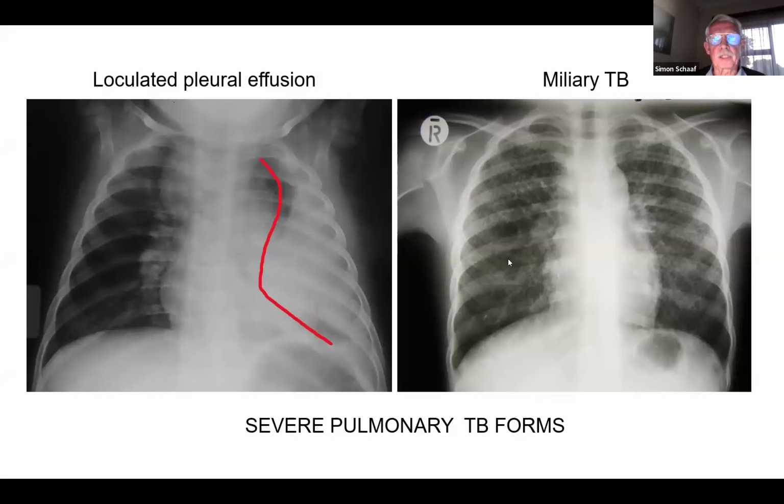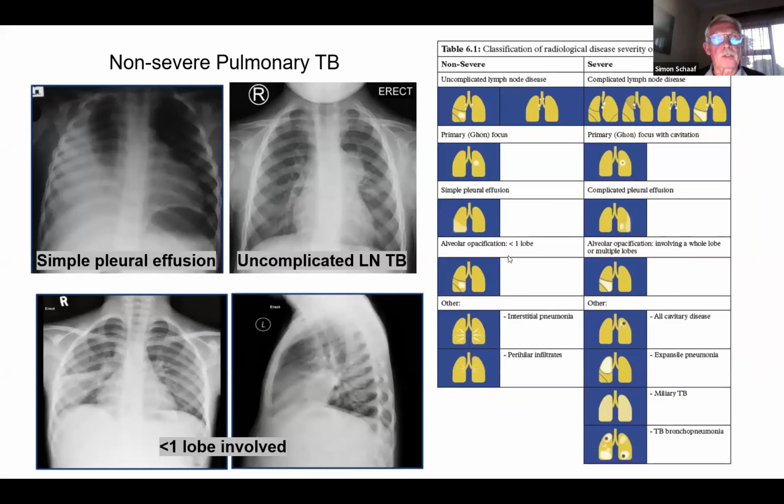And then miliary TB is always severe tuberculosis. So what does non-severe tuberculosis then look like? Juaneta showed you the table from the chest X-ray atlas, and on the left you'll see non-severe tuberculosis, and on the right all the severe tuberculosis.